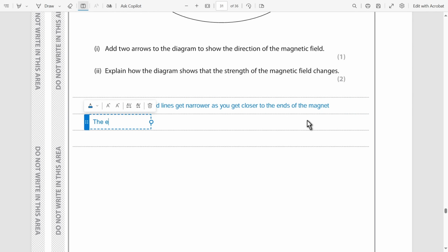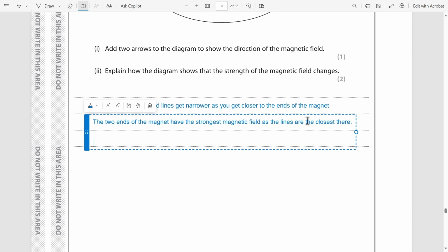The two ends of the magnet have the strongest magnetic field as the lines are the closest. There. This is because the two poles are present in that area.